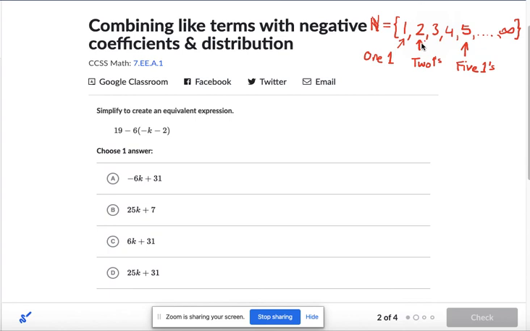This is the sort of thing where we want to start getting comfortable with these kinds of answers. If you've got an expression as your answer, that's perfectly okay. So start getting comfortable with expressions as your answer, and we should be fine with that.